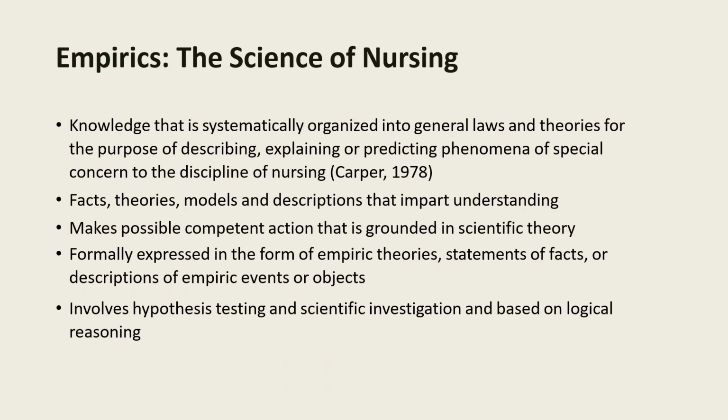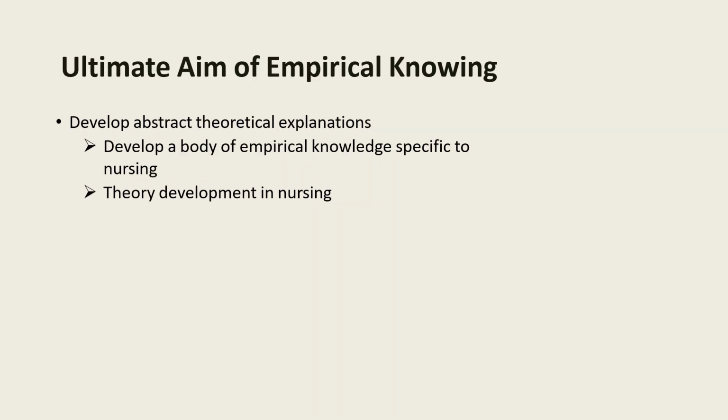Empirics is the received view or received knowledge. Individuals learn by being told or receiving knowledge. This focuses on understanding the parts of the whole in an attempt to understand the whole. Theories are made to describe, explain, and predict phenomena in nature and to provide an understanding of relationships between the phenomena.